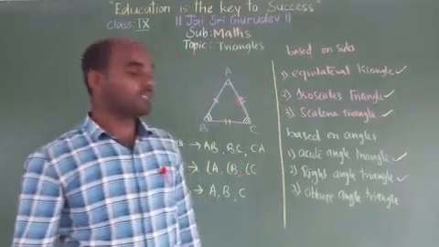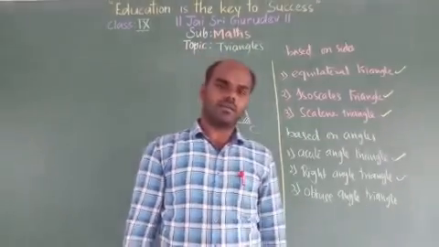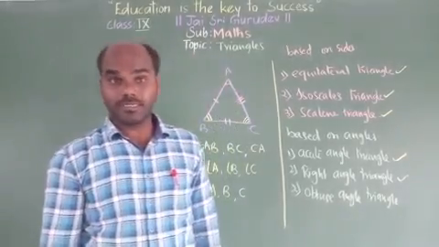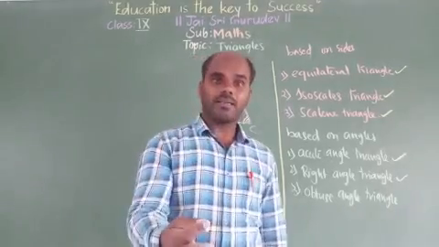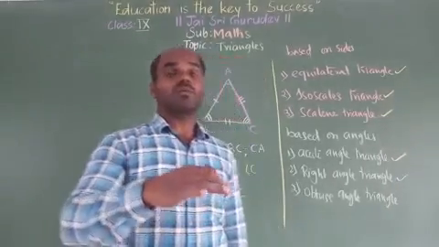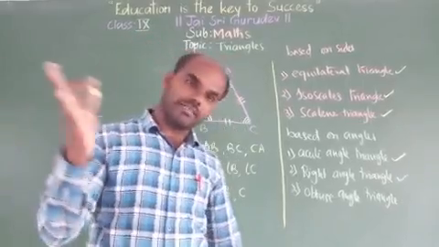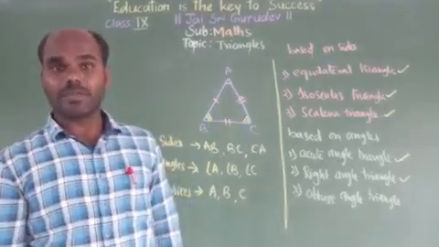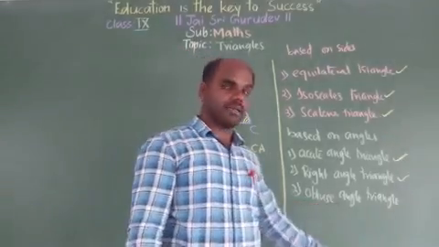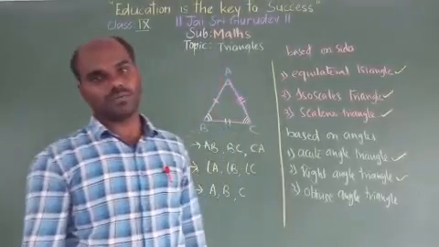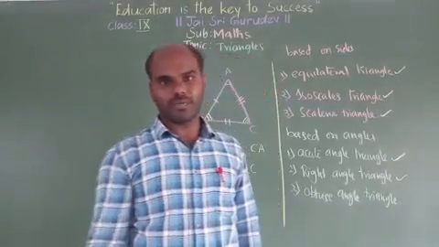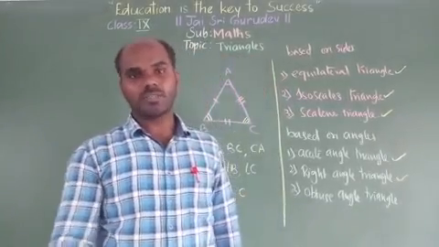Next, third one, obtuse angle triangle. What do you mean by obtuse, children? An obtuse angle is an angle that is more than 90 degrees and less than 180 degrees. For example, 135, 160, 179 also, because it is less than 180, no, children.